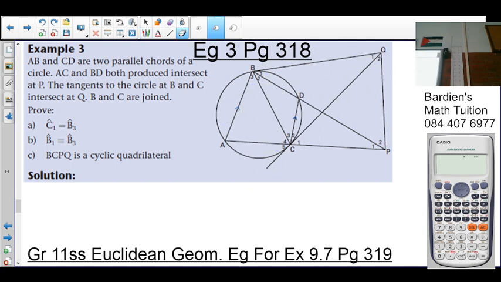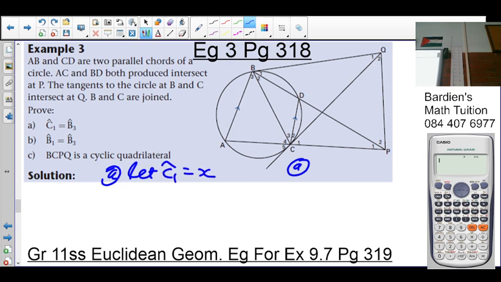We start by saying let C1 equal x. People, you don't have to bring your x into everything, but we must be proud about x's. So C1 is equal to x. Now which other angles are equal to it? Definitely we won't go straight into B3.